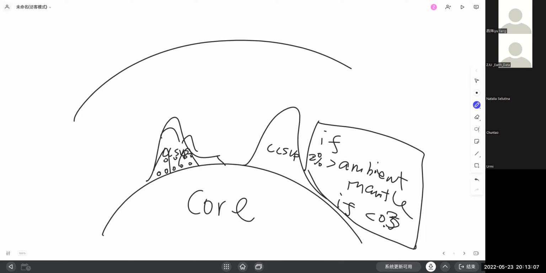So the exact location of LSVPs is not clear in detail, and the density distribution of LSVPs is not clear in detail. And why the two LSVPs have different heights, people still debate.